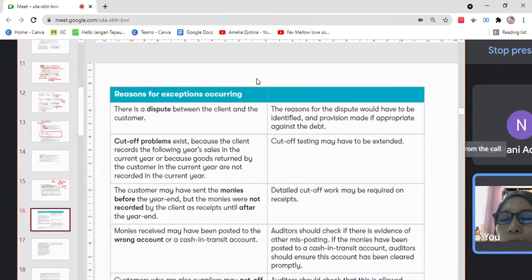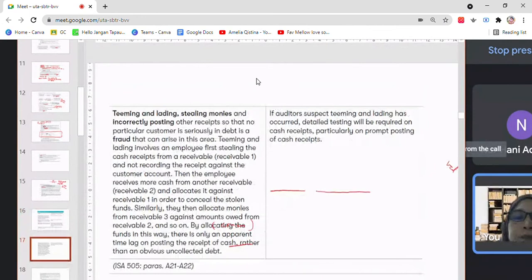So I give you a summary of what you have done on the dispute, on the exceptions that occurred.